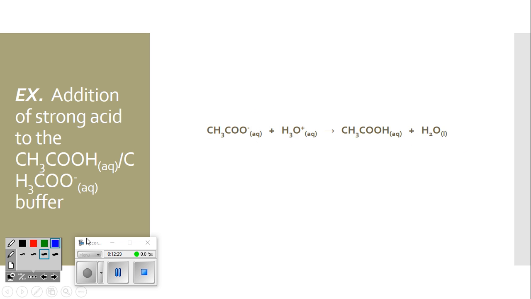If I consider the reverse, what happens if I add an acid to this same system? Notice how the reaction is written here. Instead of writing the acid as a reactant, I wrote the base as a reactant. They're both present, so either one of them can be a reactant.